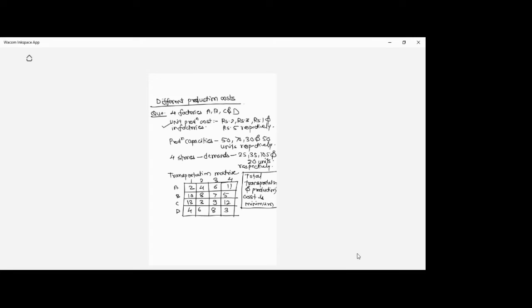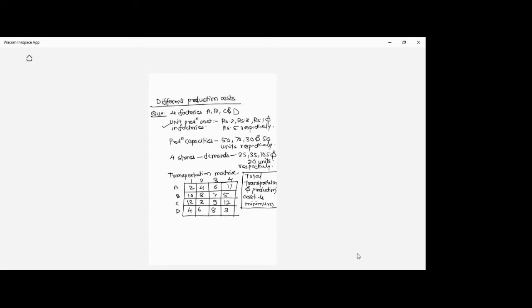Why? Because the factories are located at different places, different states. So the prices of resources, materials, labor, machinery, even the land may be different, and there can be a different production cost across all these factories.